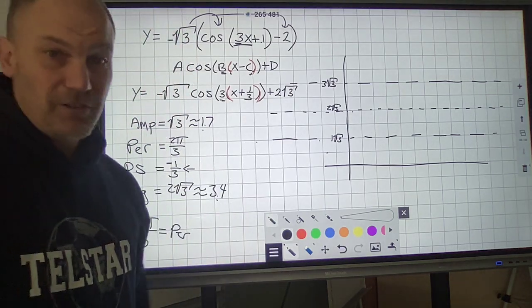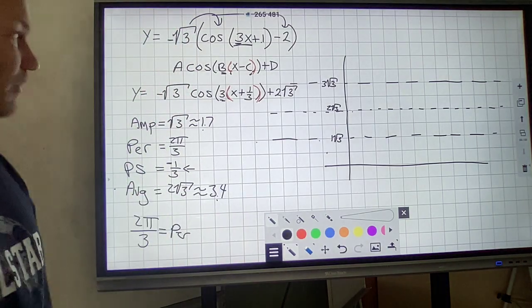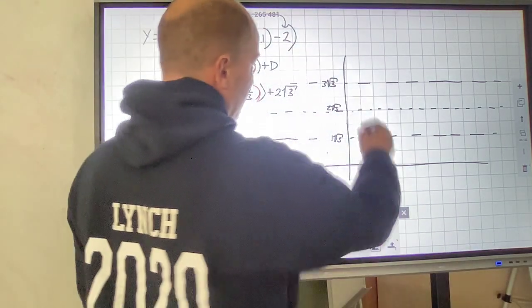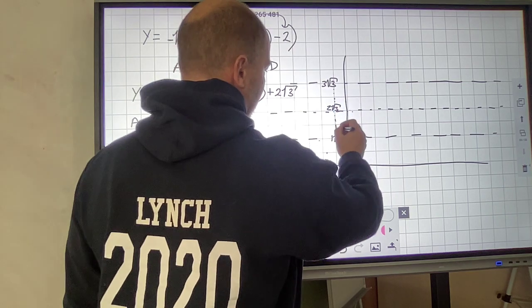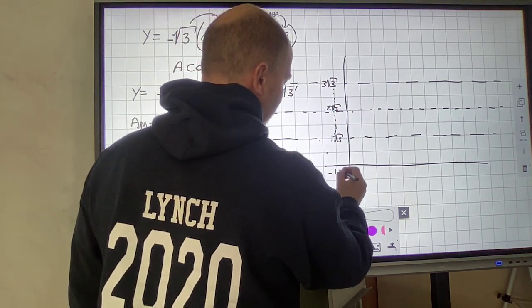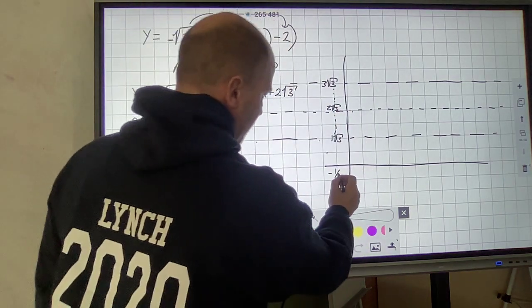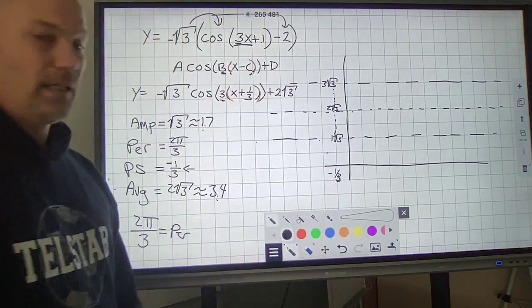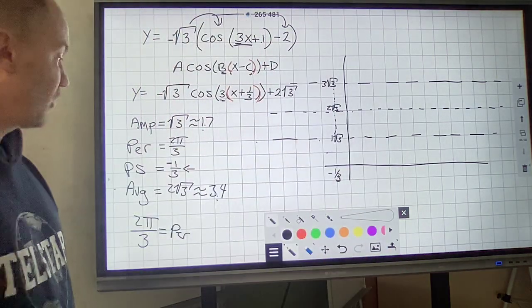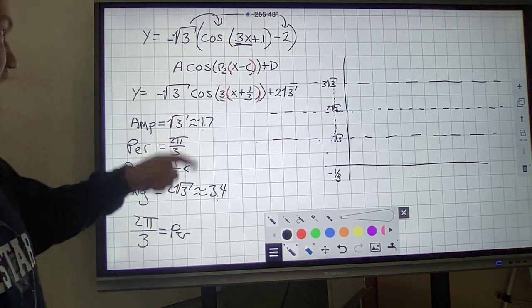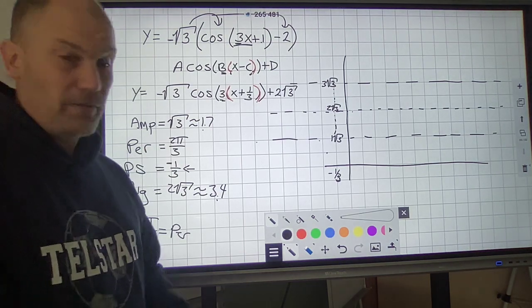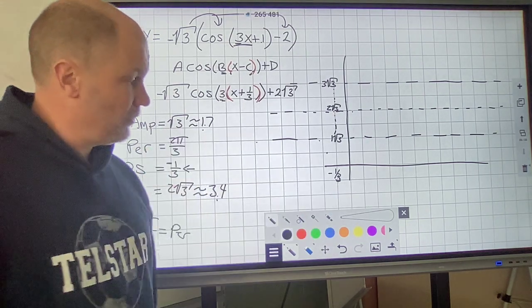Okay, now I need to figure out the start of my graph. The start of my graph is -1/3. I'm going to call each one of these boxes 1/3. So I'm going to look right here and say that this is -1/3. Now I know I'm going to go to the right based on my period of 2 pi over 3. So I've got to go that way, 2 pi over 3.